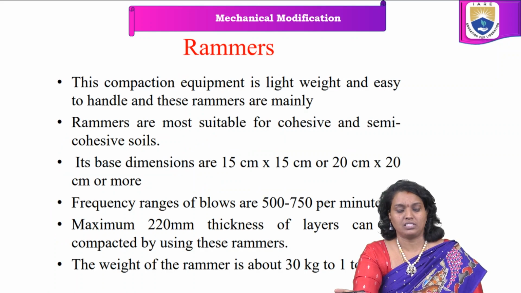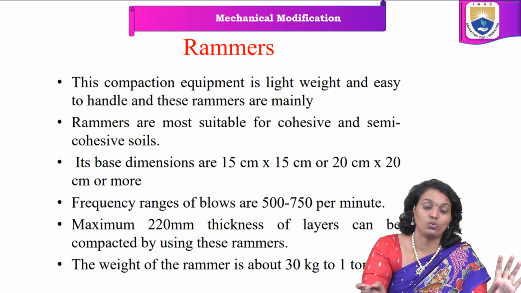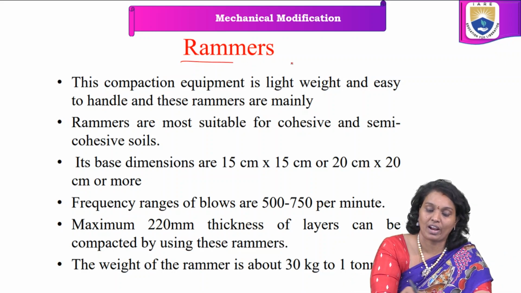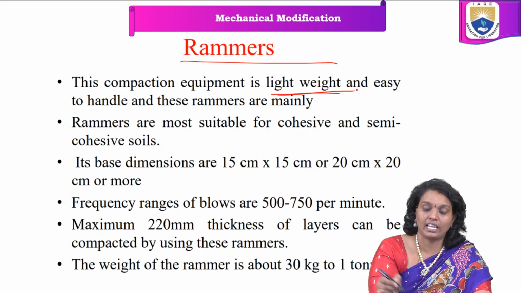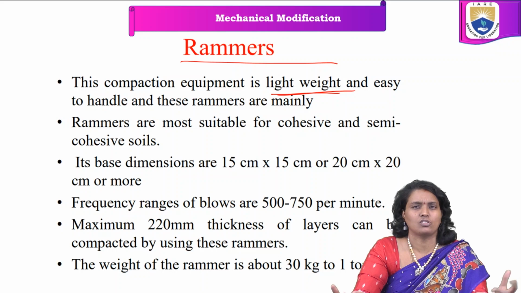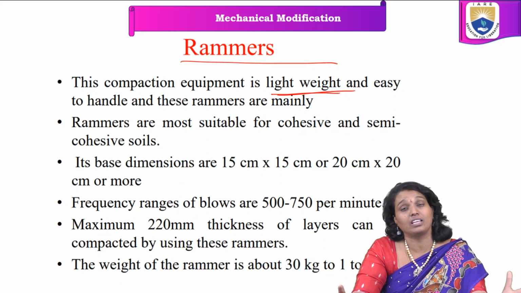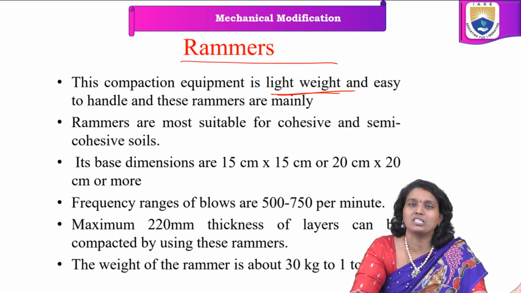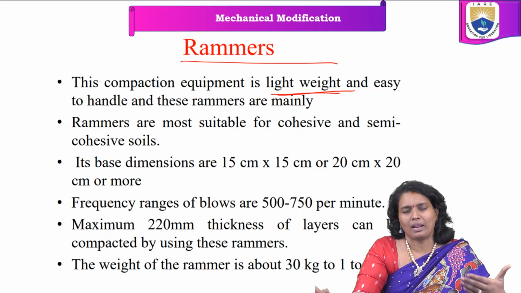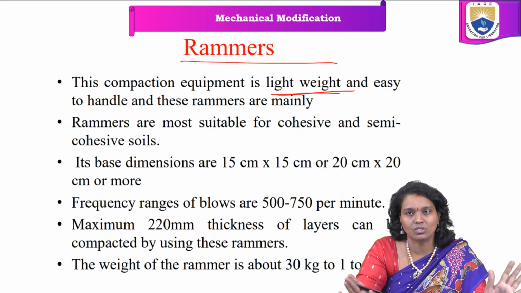Coming to the rammers, the compaction equipment is very light and very easy to handle. It is light equipment, carried by one single person, not that heavy, very easy to carry and to move from one place to another. We may check it any number of times. So the equipment is very light and very easy to handle.